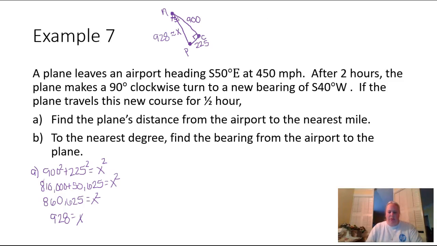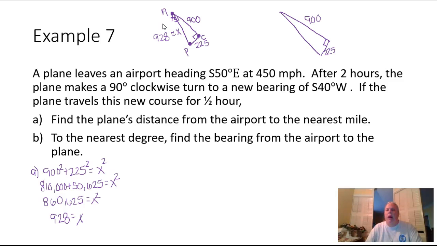All right, now before we do B, let's see if we can get a better look at what's going on inside this triangle. I have a right triangle, and I know that this side over here measures 900, and that this side right here measures 225, and that this is a right angle.